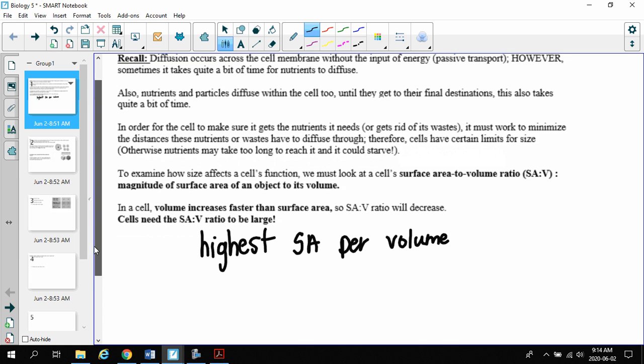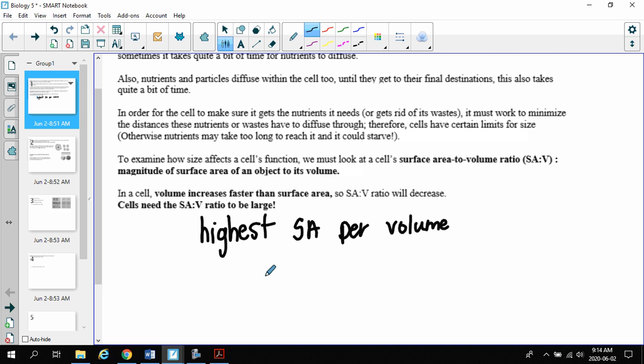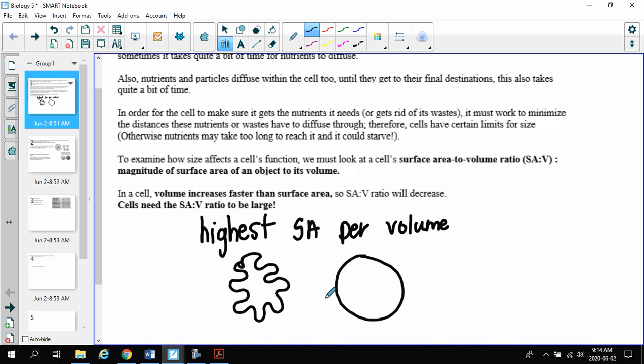As a little example, if we had a cell that looked like that and a cell that looked like that, and they had equal volume, again, I'm drawing these in 2D so I'm not really talking about volume, but if they had equal volume, this has lots of surface area.